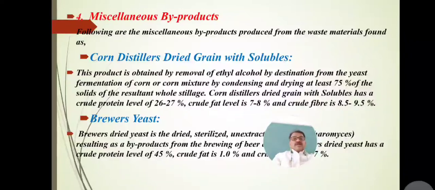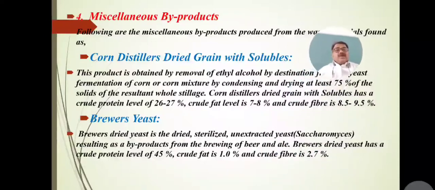It is produced from the extraction of ethyl alcohol by distillation of the yeast fermentation of corn or corn mixture, and it is a good miscellaneous byproduct or ingredient for the culture of aquatic animals.